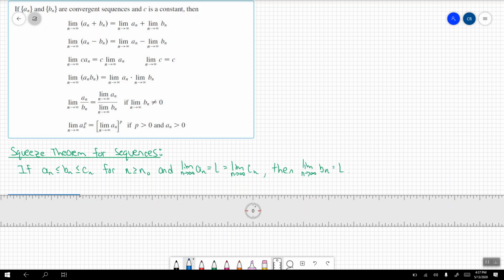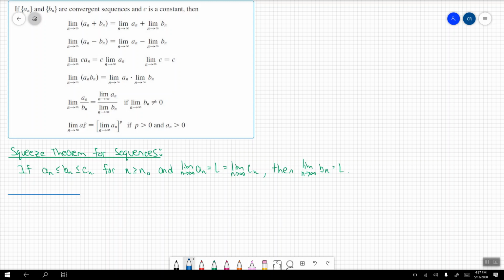Another theorem we're going to look at is, I think, one of the most powerful theorems. It's very underrated. Once you move over to, let's say, Calc 3, this is one of those theorems that actually transfers over quite nicely.